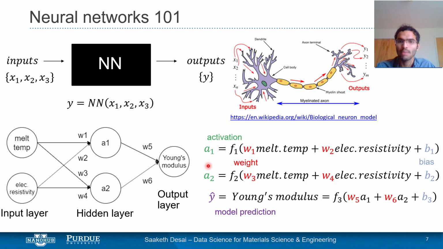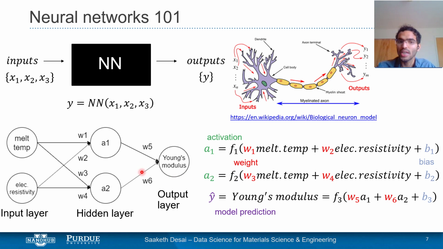So let's look at another example so that this process is solidified in our head. To compute the value for neuron A2, we will look at the inputs to that neuron, which is the melting temperature and the resistivity. Again, linearly combine them. These weights are now W3 and W4, a bias term B2, and we apply a nonlinear activation to this combination, and we're calling this activation f2.